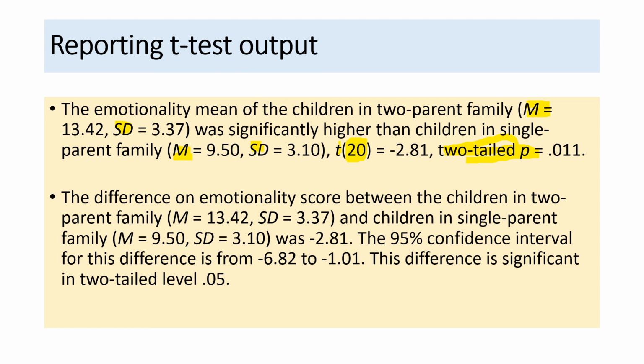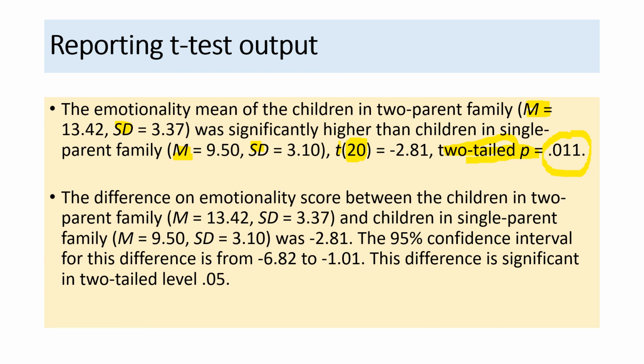So the APA guideline says that when your p level is above 0.001, then you write it down to 3 decimals, so the exact p level. But if your SPSS shows 0.000, then you write it as p less than 0.001.